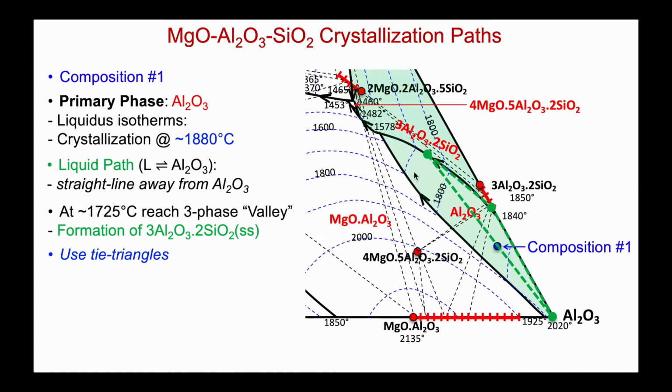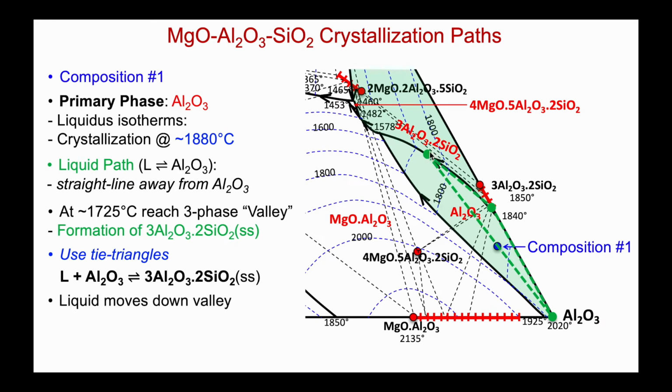We see the liquid composition lies outside both of the solids. And so using our rule left plus right in equilibrium with the middle, we can see that at this point this is a peritectic valley. And so we have liquid plus Al₂O₃ in equilibrium with, or forming, this mullite solid solution.